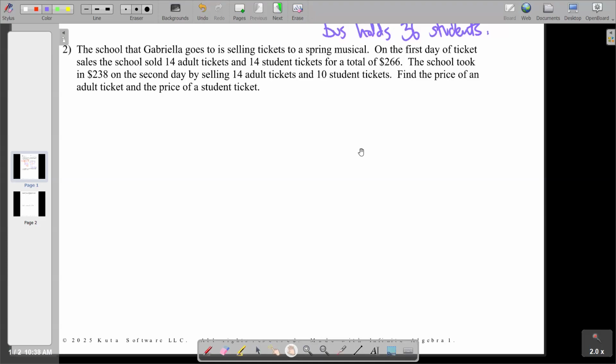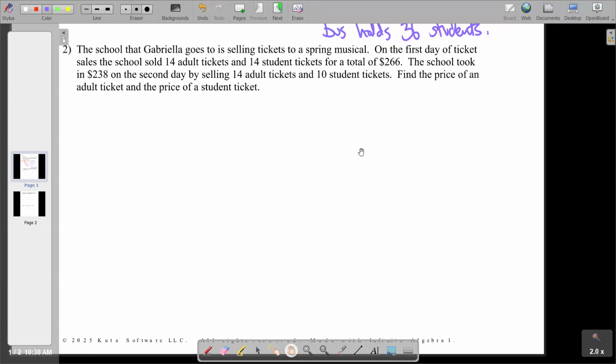Correct. So at the gate or the door, whatever you want to call it, when someone comes in to pay for their way into the musical, they either pay for an adult ticket or they pay for a student ticket. And I assume a student would be like the same as like a child, like if you had a little brother or sister. So the question is, how much does each type of ticket cost?